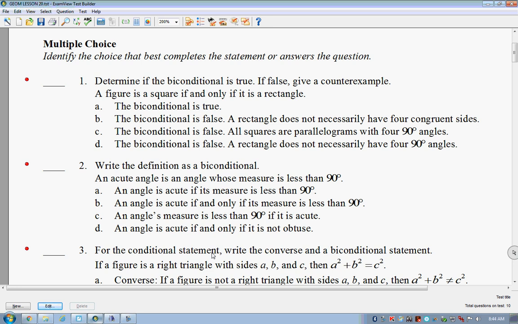Let's pick the false statement that's actually true. All right, all squares are parallelograms with 90-degree angles. That doesn't necessarily give me a counterexample. D, a rectangle does not necessarily have 4 90-degree angles. Well, don't all rectangles by definition have 90-degree angles? Sure.